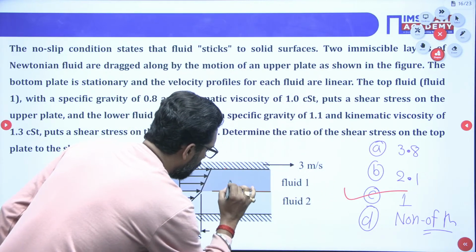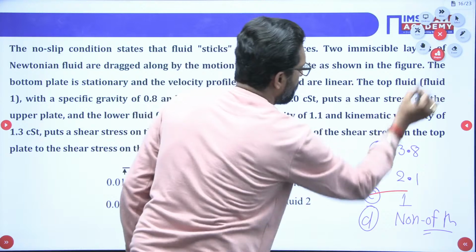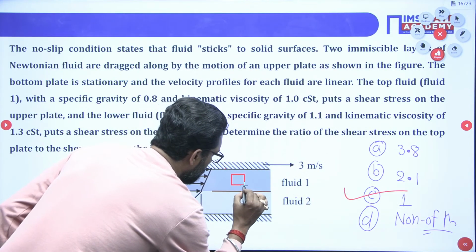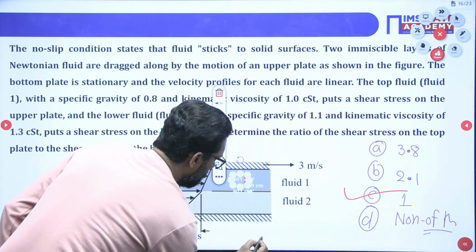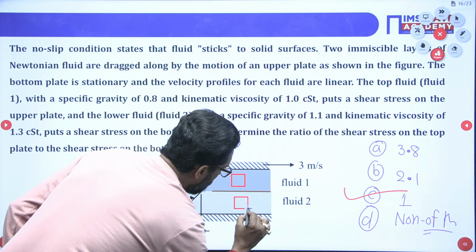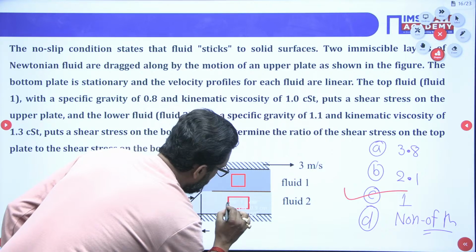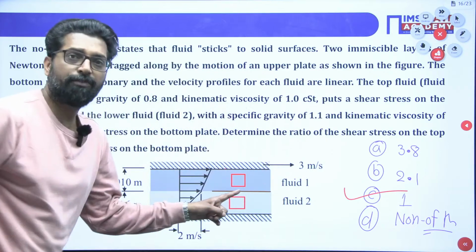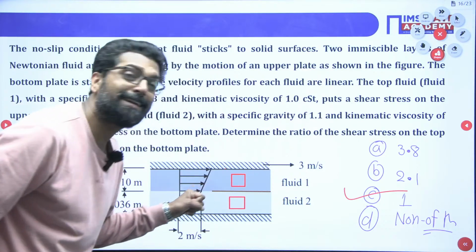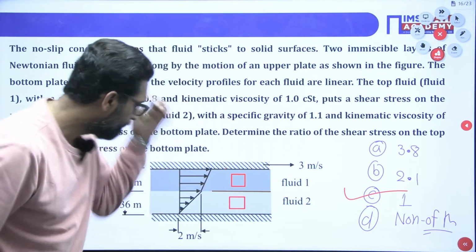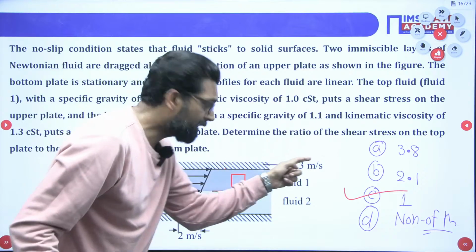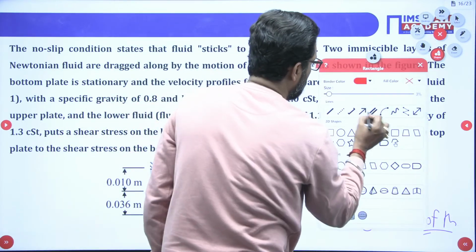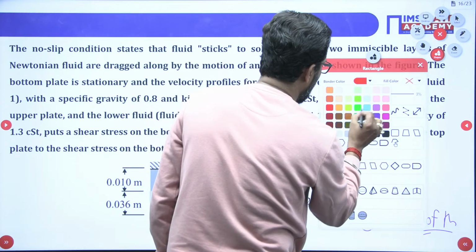See, if this is a fluid element, let's suppose this is our one fluid element, and these are the other fluid elements. Please define the direction. See, the plate will move in the right direction, to the right side.